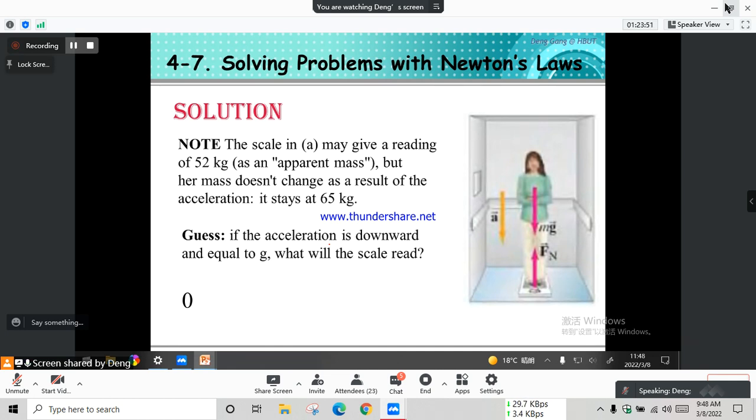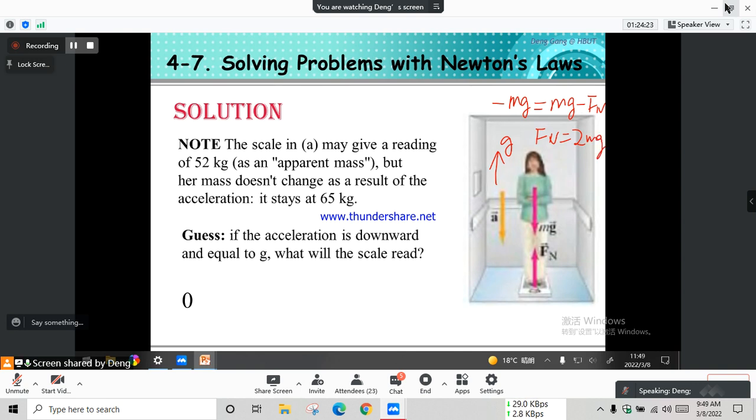Because if you are moving up with acceleration g, the equation should be Fn minus mg equals mg, so Fn should be equal to 2mg.